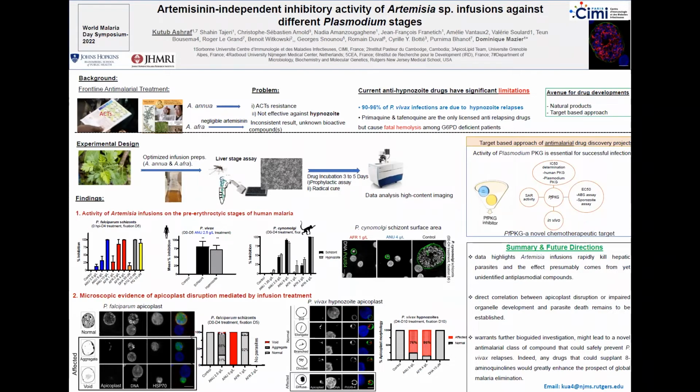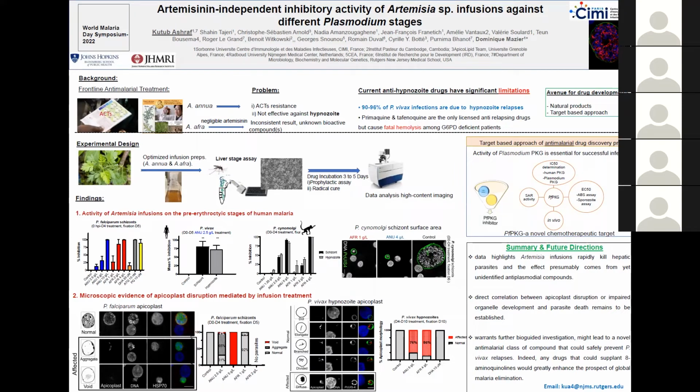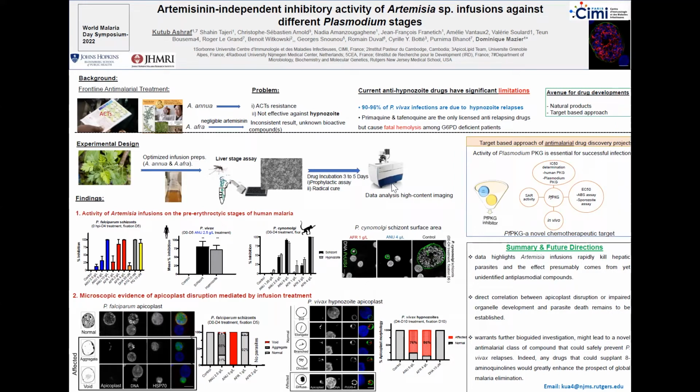Then we prepared infusions and tested them in the Plasmodium liver stage, utilizing two cellular models: primary human hepatocytes and primary simian hepatocytes. We incubated the infusions with the infected culture for 3 to 5 days, with strategies for prophylactic and radical cure assays. Finally, we analyzed our data on a high content imaging platform.